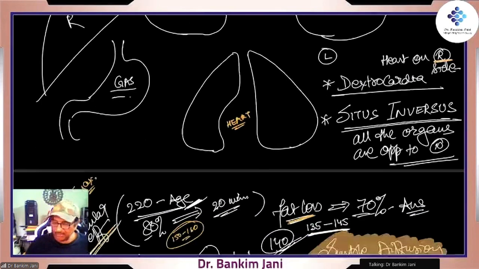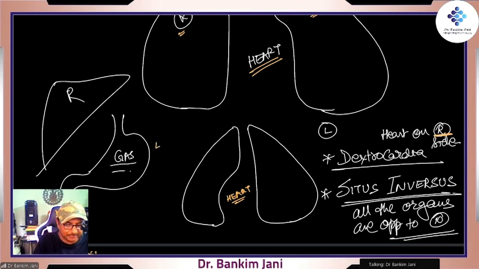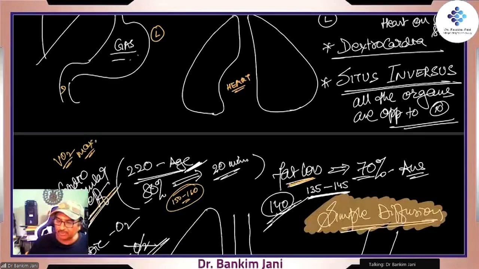And when all the organs are on the opposite side, say the liver is on the left side and the stomach is on the right side. This is the stomach, this is the esophagus, this is the duodenum. Normally they are on the left side. When the stomach goes on the right side and the liver comes on the left side, when everything is reversed, all the organs are opposite.